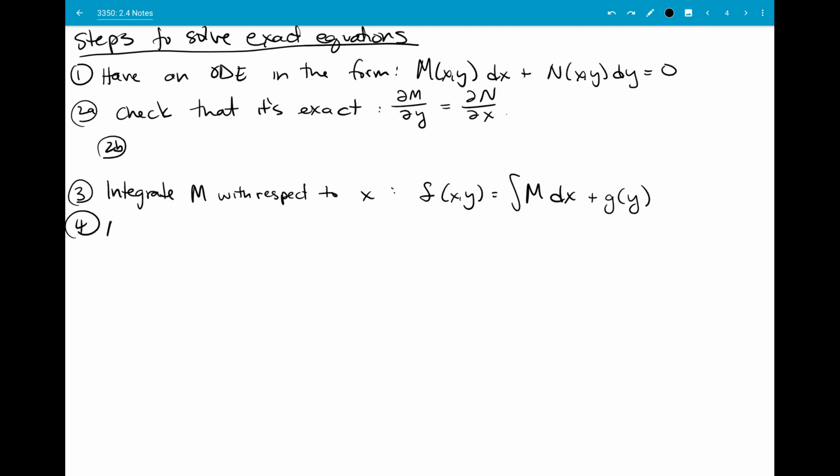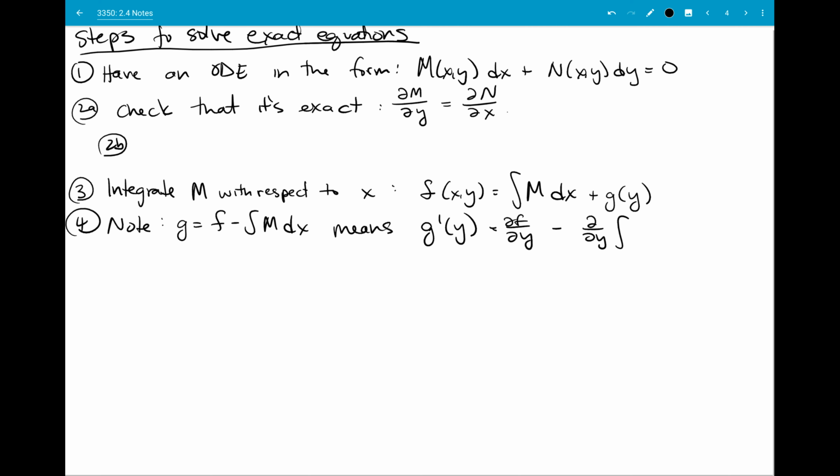So you're going to say, okay, I don't really know what that g of y was, but if I solve g equal to f minus the integral of m dx, then I know that the derivative, g prime of y, would be the derivative of f with respect to y minus the derivative with respect to y of the integral of m dx.